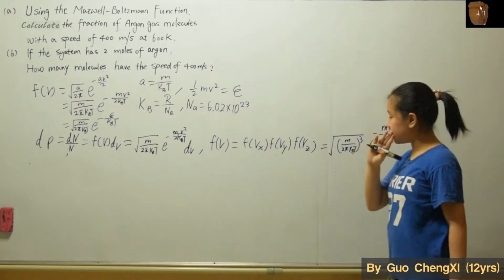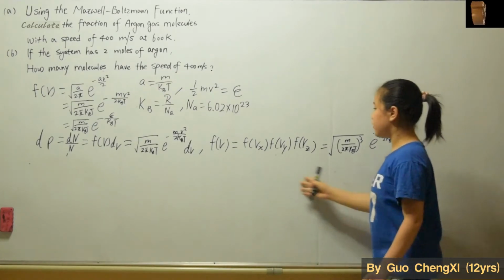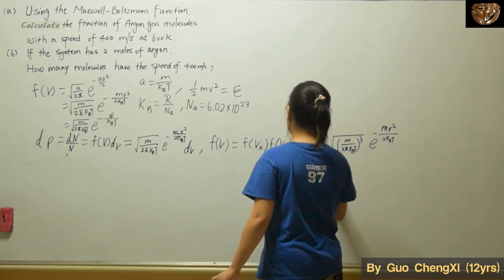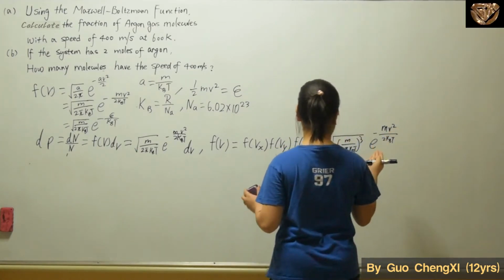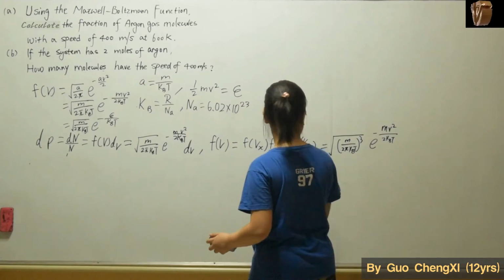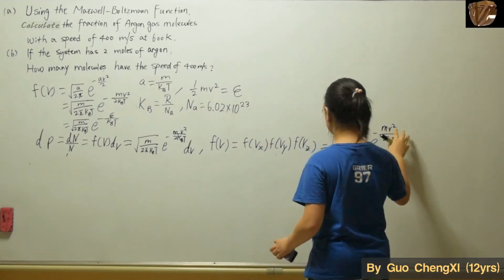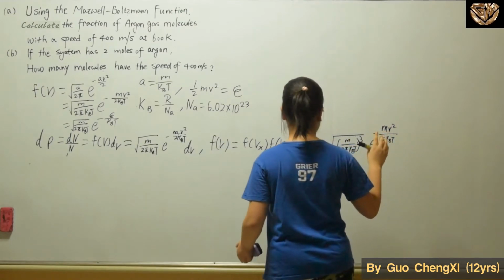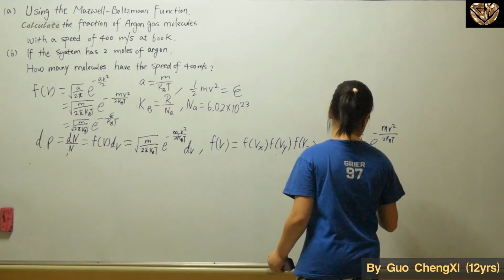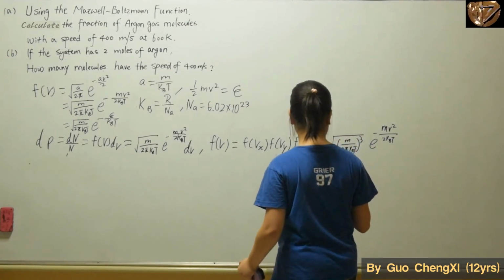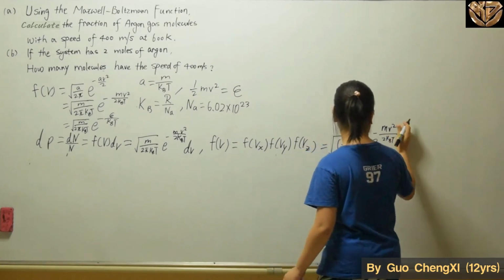So you may be wondering, why is this going to be here? Although over here it shows that it is times together, why did this end up becoming like this? So apparently for this part, v is the vx, vy, and vz times together.